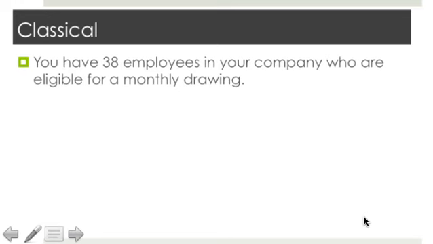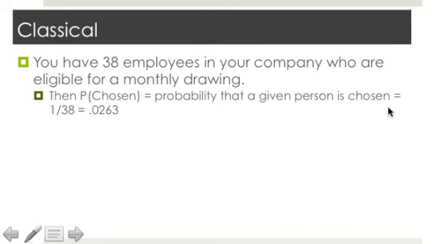Here's an example. Let's suppose you have 38 employees in your company who are eligible for a monthly drawing to be the employee of the month or for some prize based on performance. So let's take the probability P that a given person in the pool is chosen. This of course is going to be 1 out of 38.